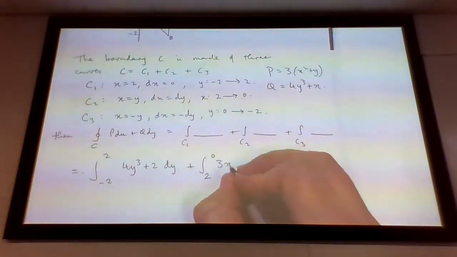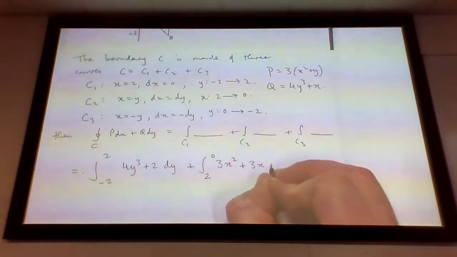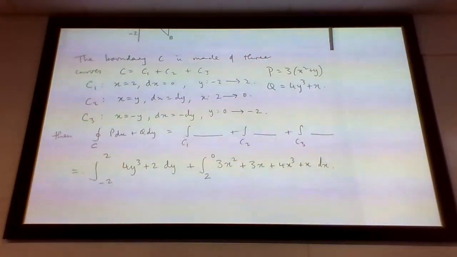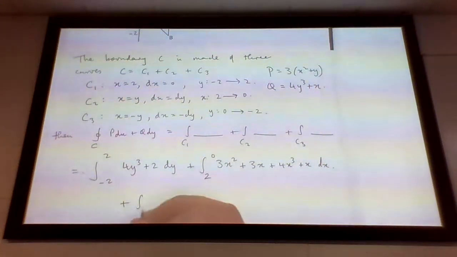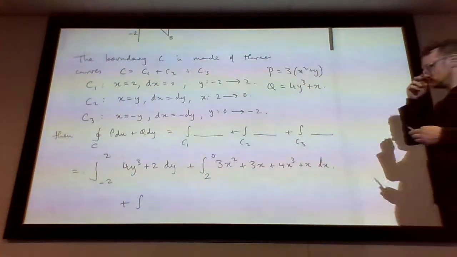So it's 3x squared plus 3x plus 4x cubed plus x dx. So that's what your integral on C2 looks like.